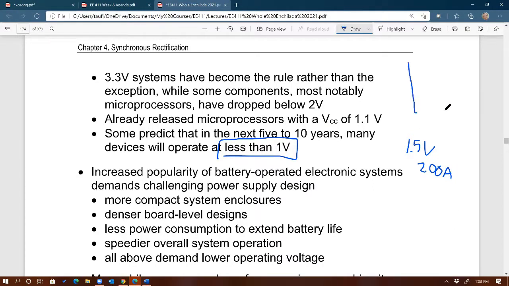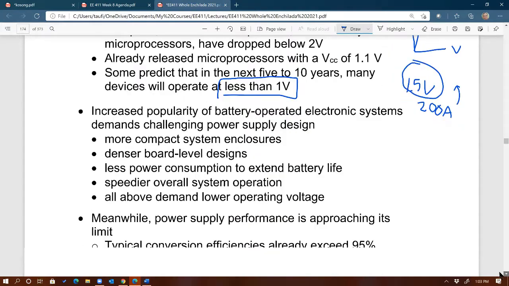If you look at the IV characteristic of the diode and you measure 200 amps, it's probably going to be a big drop. If you use a diode, 200 amps is probably going to be close to 1.5 volts, or maybe the same or even higher if you're not careful in selecting the diode. So it is a problem.